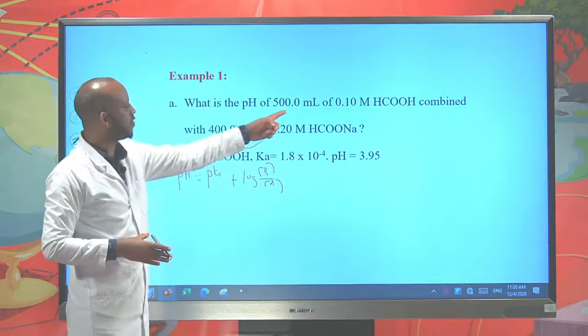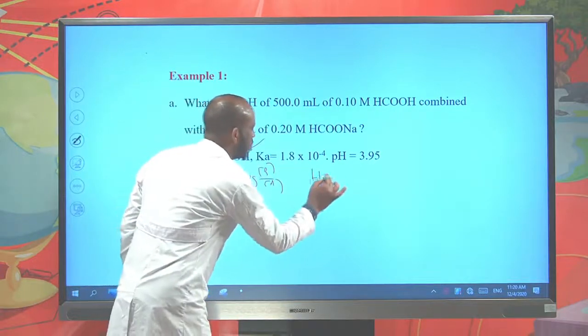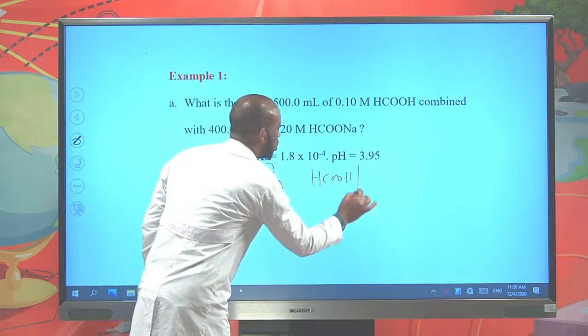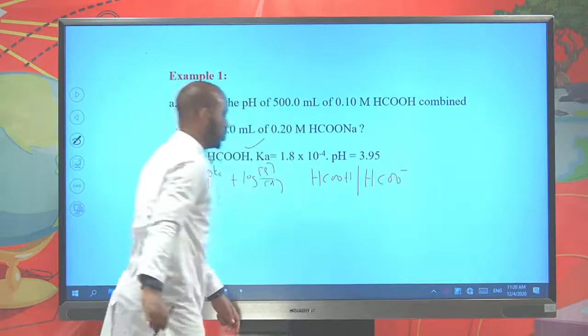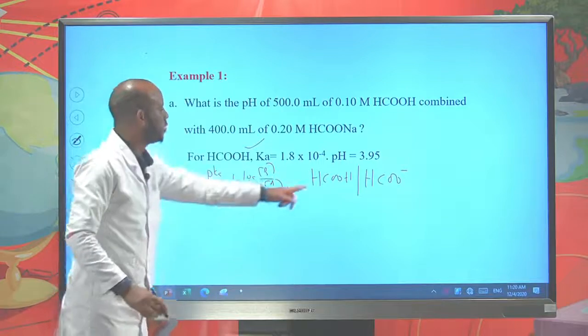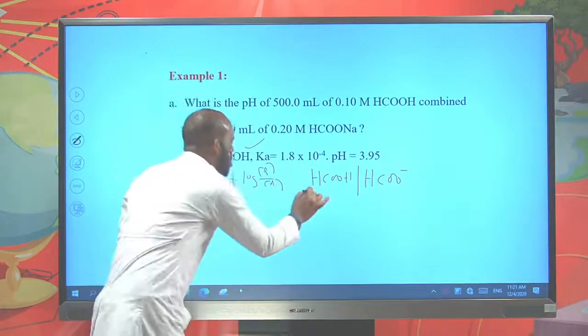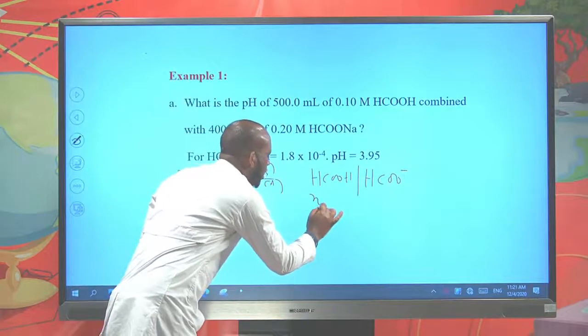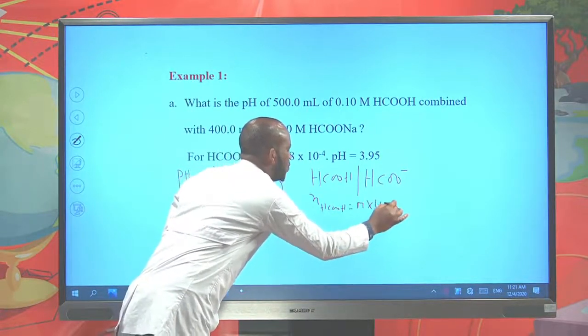Now, this buffer solution contains the weak acid, formic acid, HCOOH, and its conjugate base, formate ion, HCOO minus. The amount of formic acid is the number of moles of HCOOH, equal to molarity times volume.